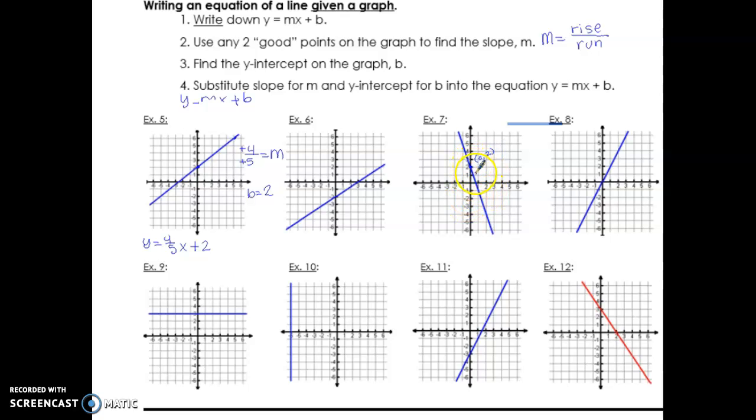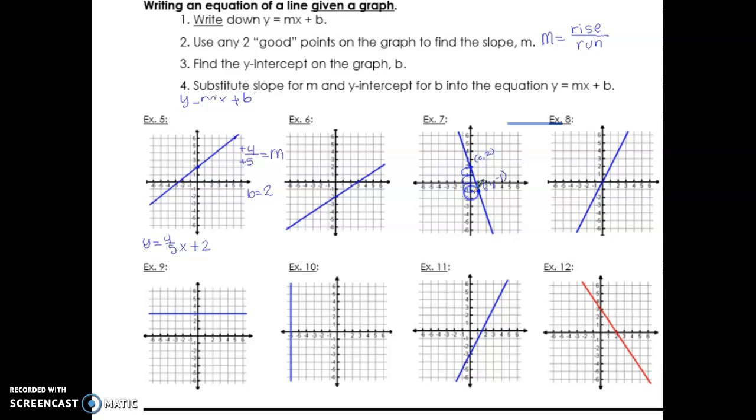And if we keep following it down, right over here is another good point because the graph crosses at the intersection of (1, -1). So those are my 2 points, and to go from this point to this point, we're going to do rise over run again.